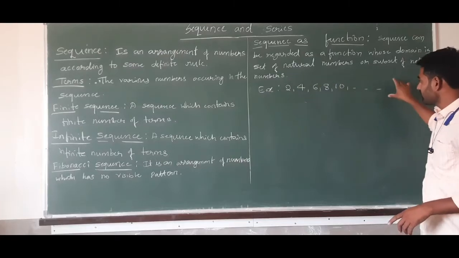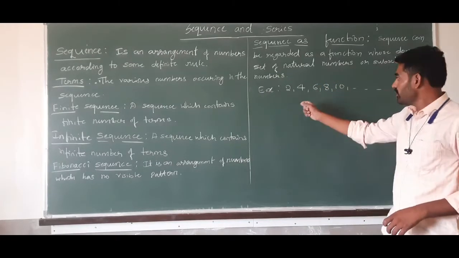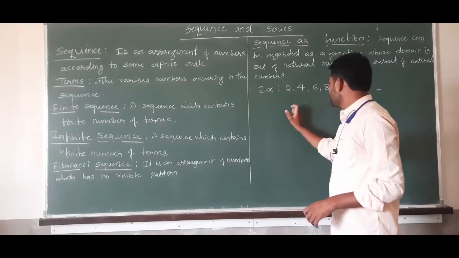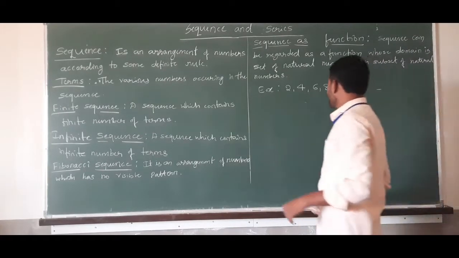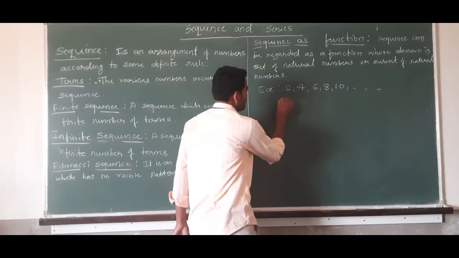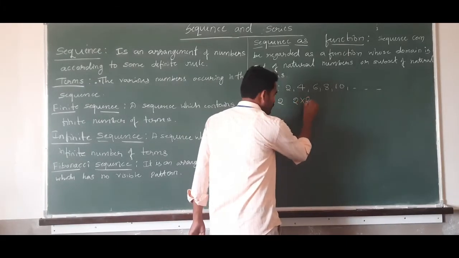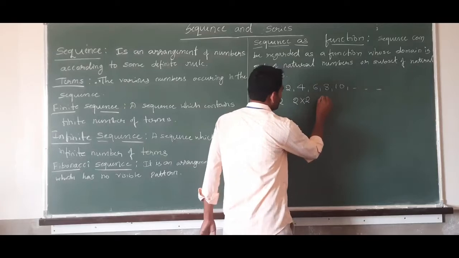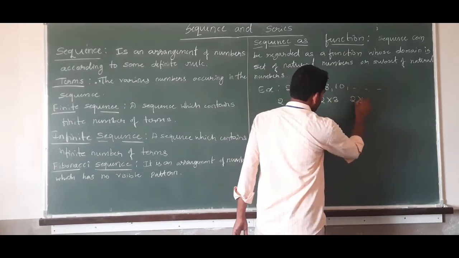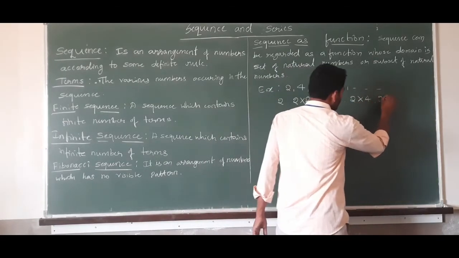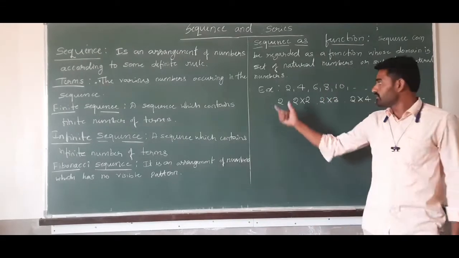In this sequence, the first number is 2, the second one is 2 into 2, the third one is 2 into 3, the fourth number is 2 into 4, similarly 2 into 5 and so on.